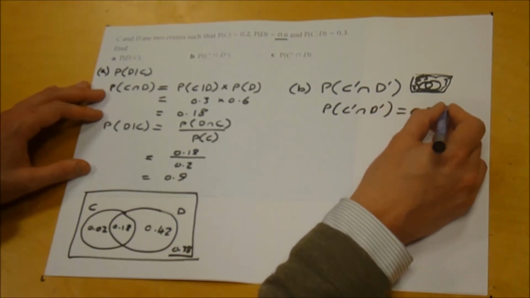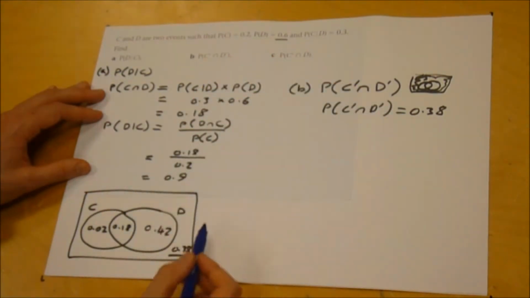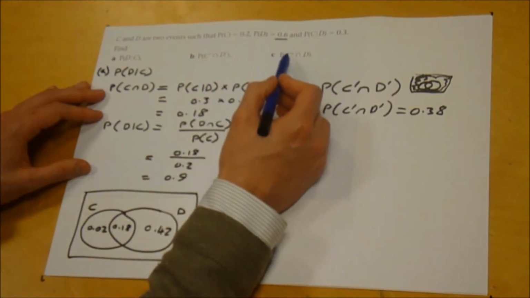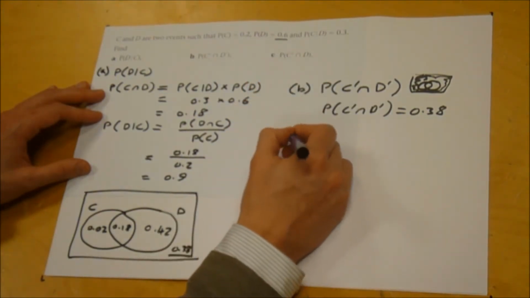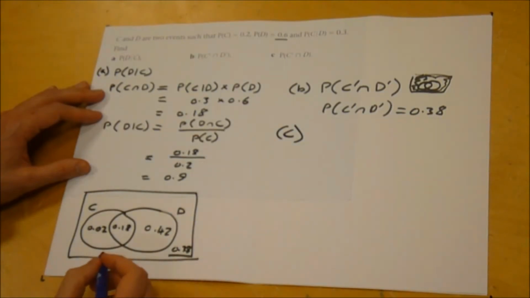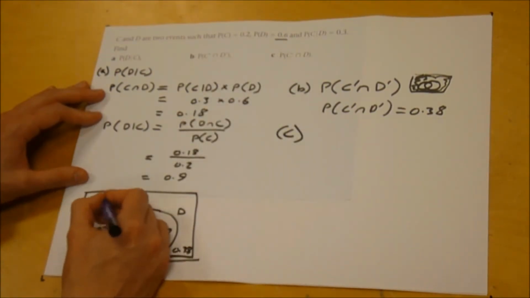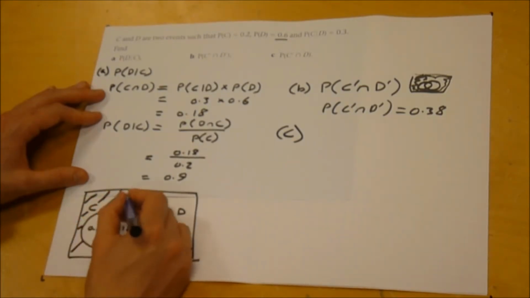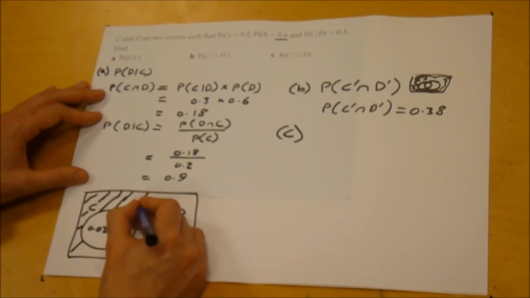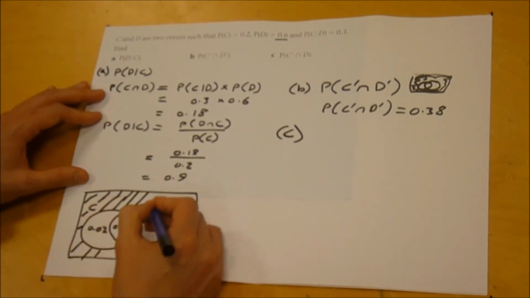So I know that the probability of C complement and D complement, neither of them occurring, is 0.38. And then for the final part, this is the one where we've got to be really careful. C complement, C not occurring and D occurring, well, I would say let's use our hatching. So I want C not occurring, that's happening anywhere outside of this C circle, so I'm going to be careful not to go into the C circle, and I'm going to start coming down this way to avoid hitting the edge of the page.